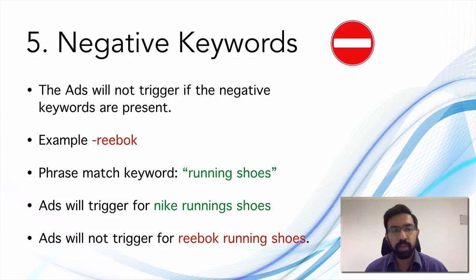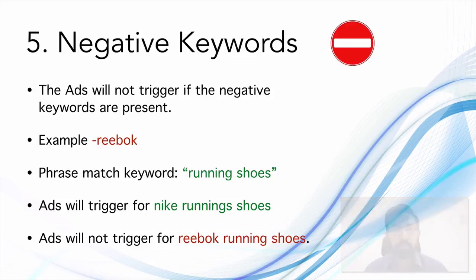However, even for phrase match, if someone is searching for Reebok running shoes, since we have given the negative keyword as Reebok, since the Reebok keyword is present, the ads will not trigger. So here it makes sense. For example, if Nike is advertising their shoes online and they don't want the ads to show up if other brands are being searched for, then obviously they can include a negative keyword here.